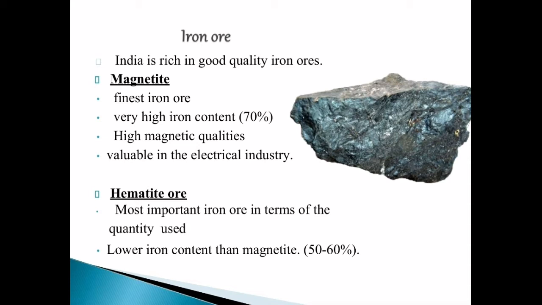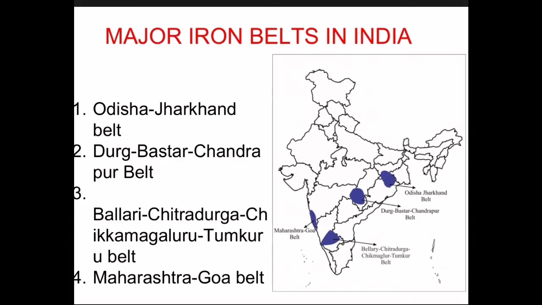Now let's check the regions where iron ore is found and located in India. What are the major iron belts found in India? The first one is the Odisha-Jharkhand belt. In Odisha, high grade hematite ore is found in the Badampahar mines in the Mayurbhanj and Kendujhar districts.